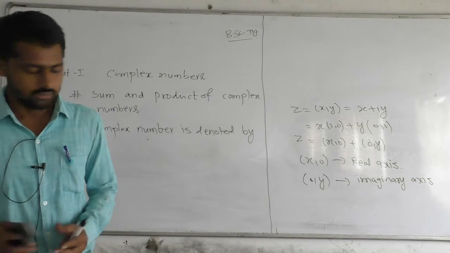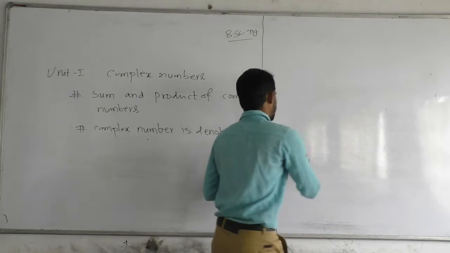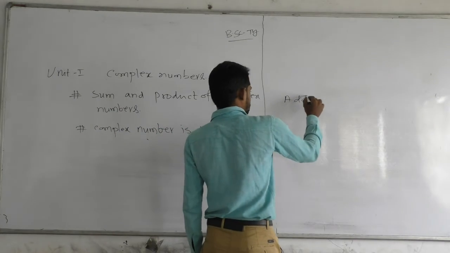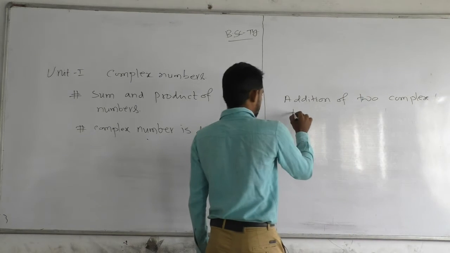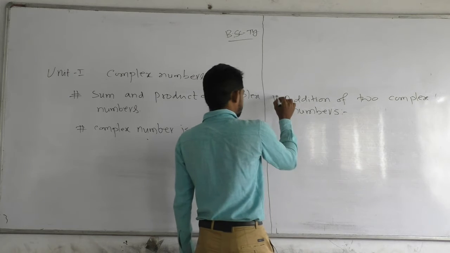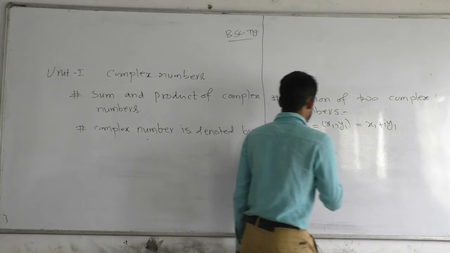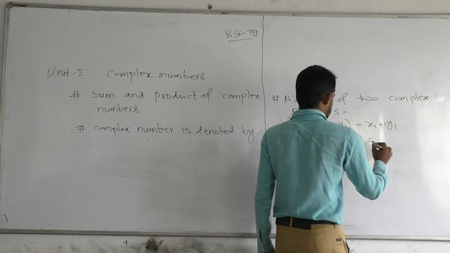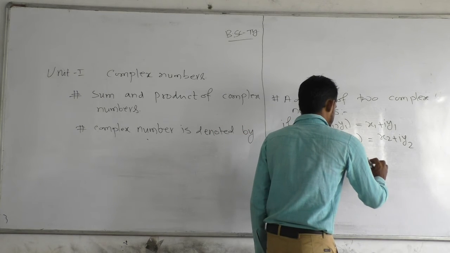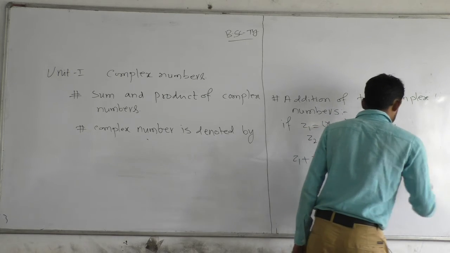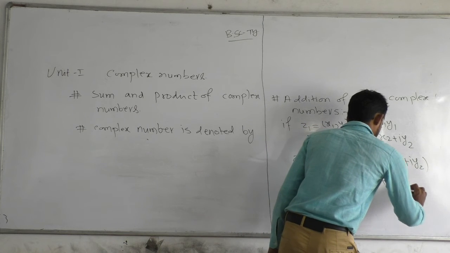Now, addition of two complex numbers. If z1 is equal to (x1, y1), which is x1 plus i y1, and z2 is equal to (x2, y2), which is x2 plus i y2, then the addition z1 plus z2 is equal to x1 plus i y1 plus x2 plus i y2, and the real part is x1 plus x2 and the imaginary part is y1 plus y2.